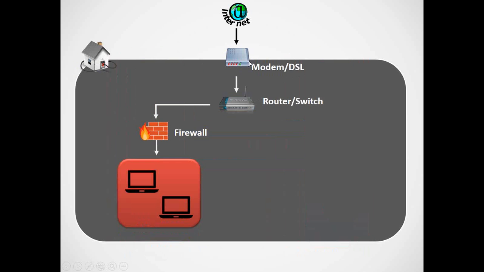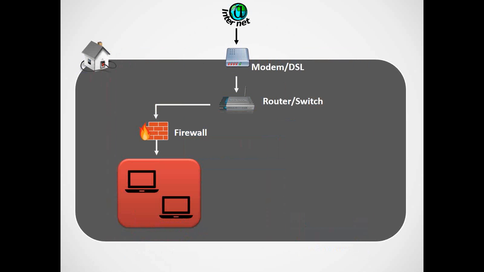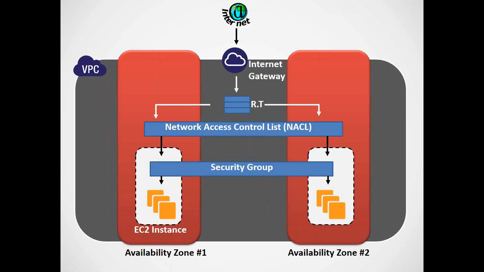Try to compare: instead of the modem, you have the internet gateway. Same way, instead of the switches or routers that we have in our home or junction box, in AWS, specifically in the VPC, you have something called a routing table.